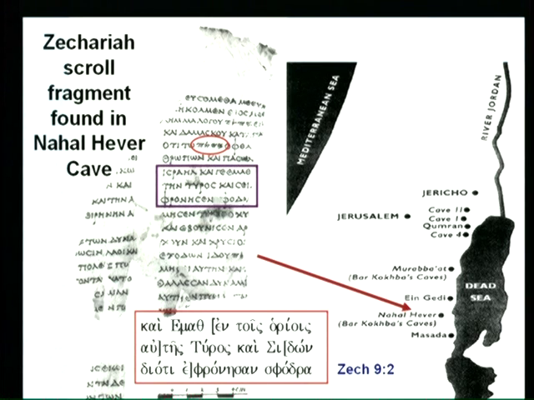And this is the way you know this is a Jewish edition of the Septuagint. The Christian editions of the Septuagint always have kurios, never have Yahweh in Paleo-Hebrew script.